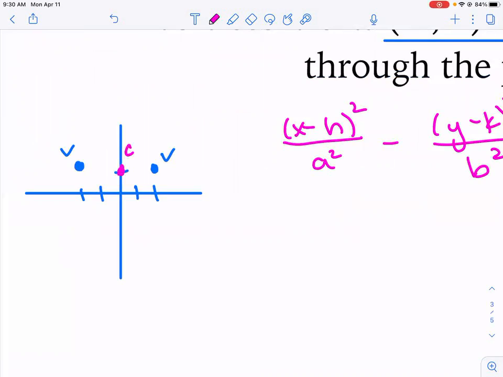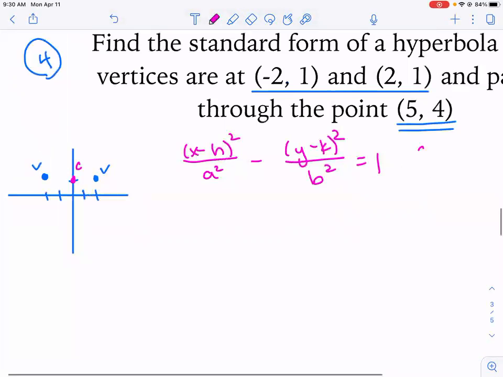That sounds better. Okay. Our center is at 0, 1. And we're going to know A from this. Okay. Luke, what's A? How far are our vertices from our center? 2.